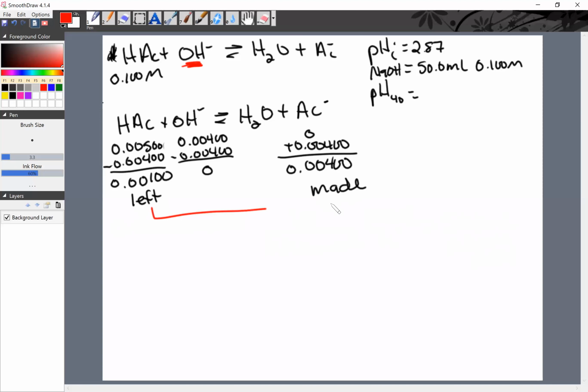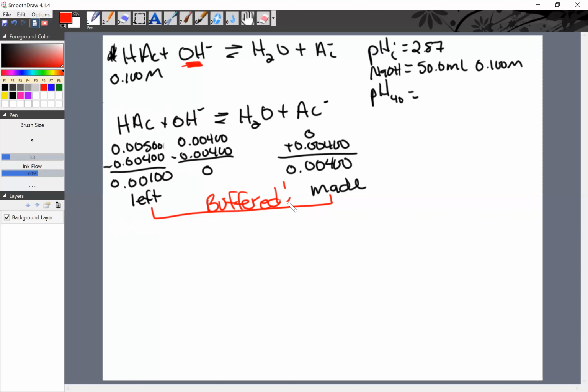But the beauty is, anytime I start a titration, I am buffered through the whole thing because I always make the conjugate piece. So inside of a titration, we can use the Henderson-Hasselbalch and we can be in moles rather than doing all of the dilutions.